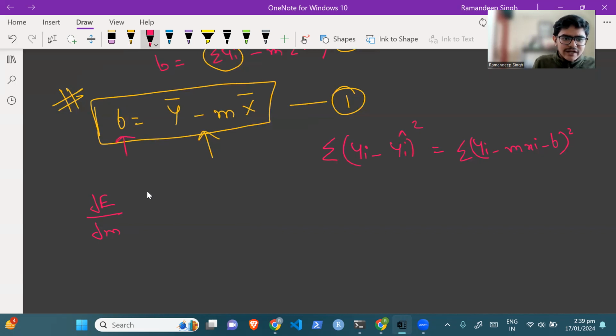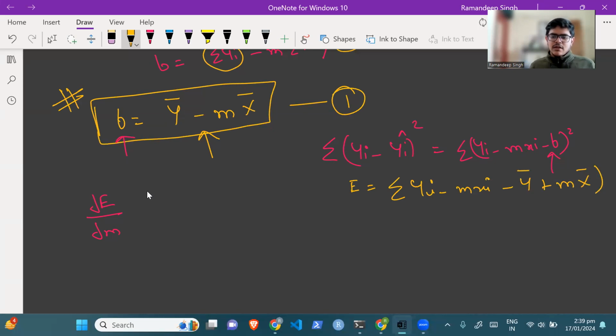And I have the value of b which I can put here. So my new error function is summation yi minus mxi minus mean of y plus m into mean of x, and here we have the whole square.